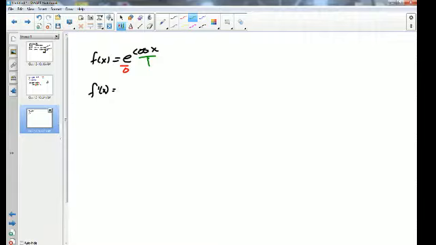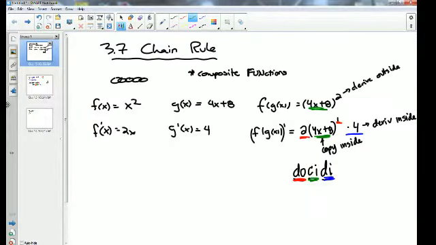So when you are identifying outside and inside, the question is, what function operation is done first? Here, the exponent has to be order of operations, right? PEMDAS, exponent first. Parentheses first. It's already simplified, right?